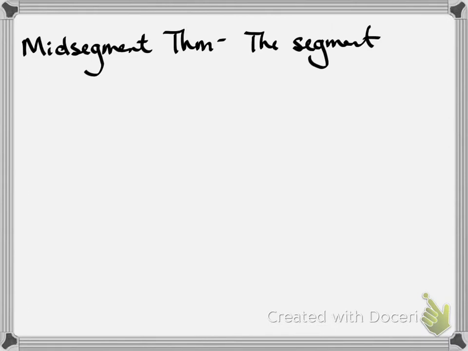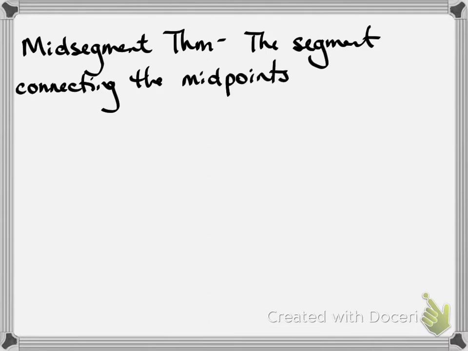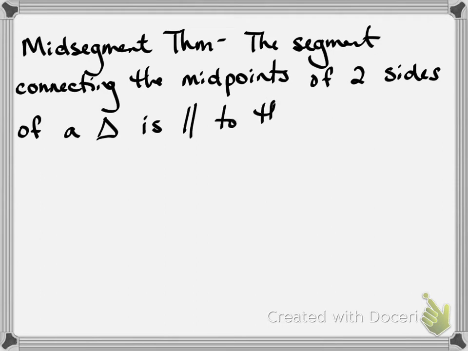Midsegment theorem: the segment connecting the midpoints of two sides of a triangle is parallel to the third side and is half as long as that side.